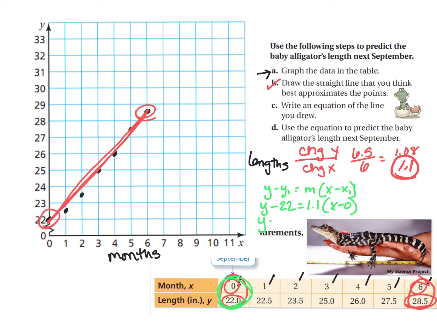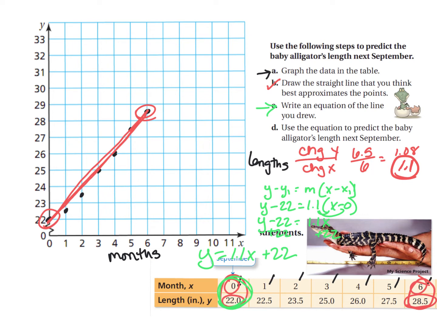So we get y minus 22 equals 1.1x, and 1.1 times 0 is 0. I'm going to add 22 to both sides, so I get an equation of y equals 1.1x plus 22. We got letter C, now we have our equation.